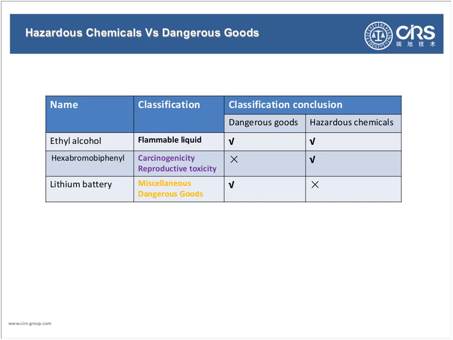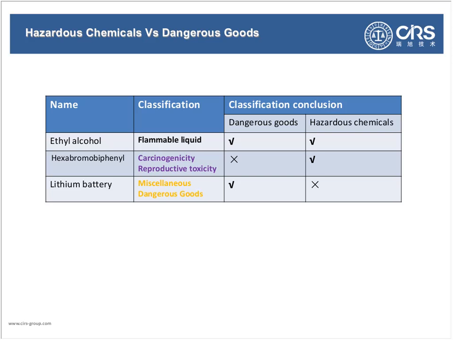For example, the first one is ethanol. Because it has the classification of flammable liquid, which is listed in both dangerous goods and hazardous chemicals, we can regard ethanol as both dangerous goods and hazardous chemicals.